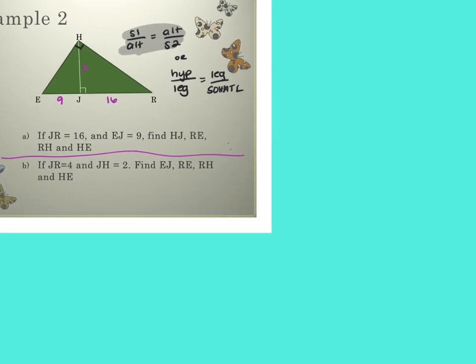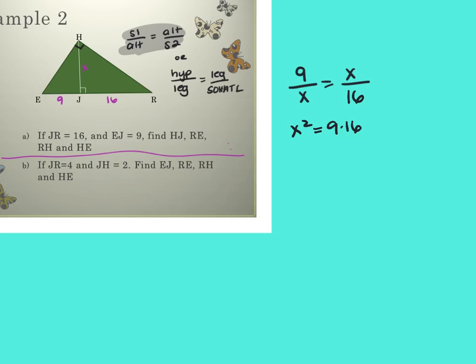Segment 1, which can be either 9 or 16, it doesn't matter which, so 9 over the altitude, which is x, equals the altitude, which repeats as x, over segment 2, which is 16. Then I cross multiply: x squared equals 9 times 16. Because I'm going to square root both sides, I'm not going to multiply that product out yet.